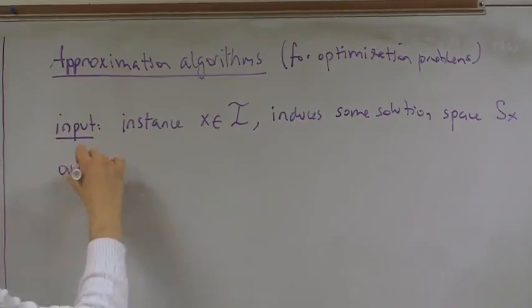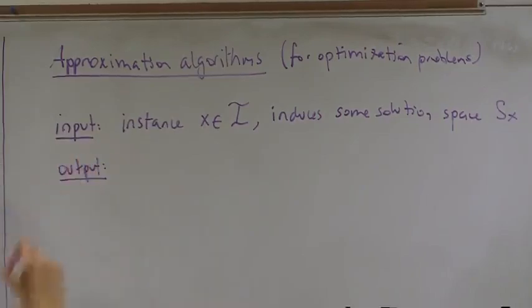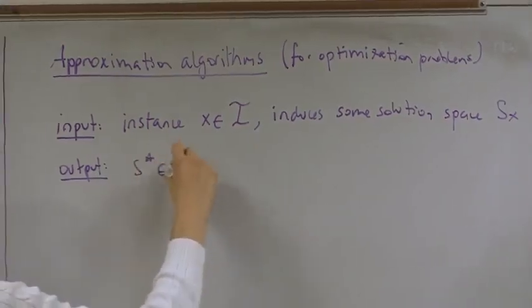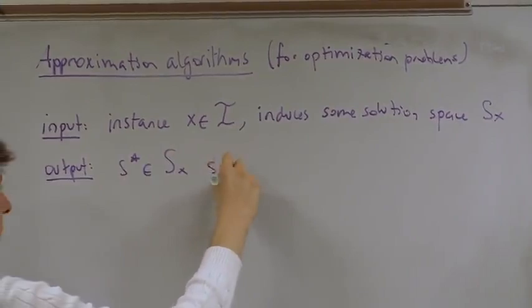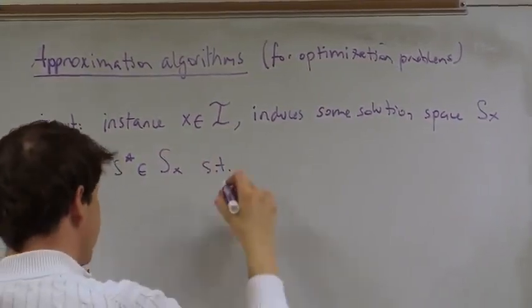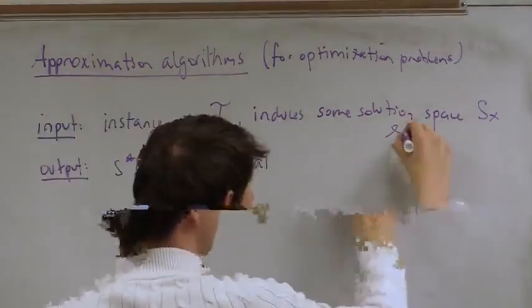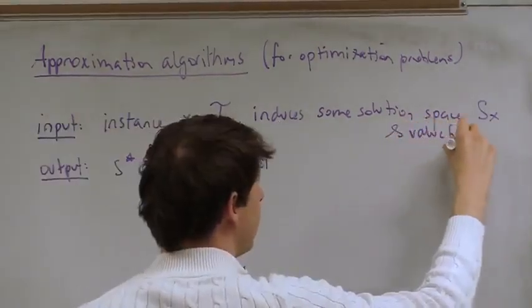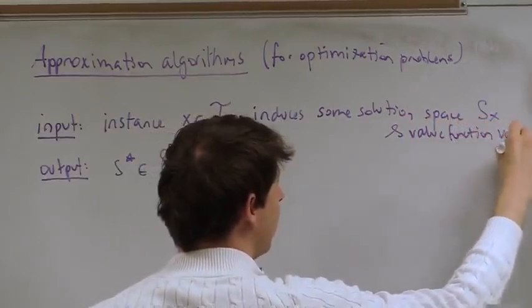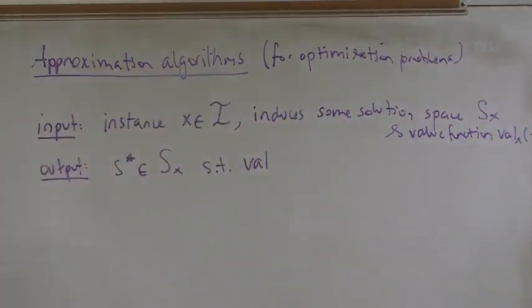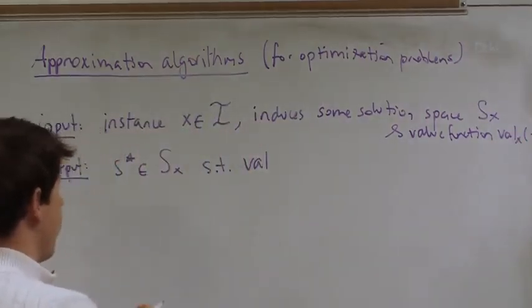The output of the optimization problem is the optimal solution S star in S_x, which is the one such that the value. So here we induce some solution space and a value function val sub x that assigns values to solutions.